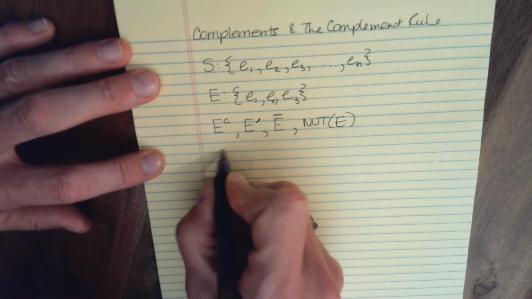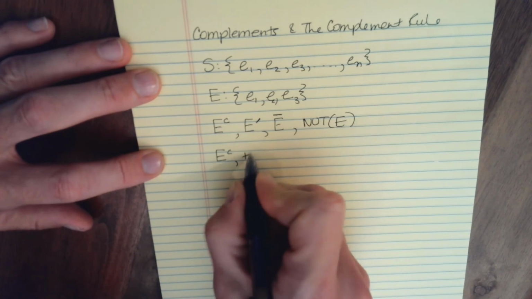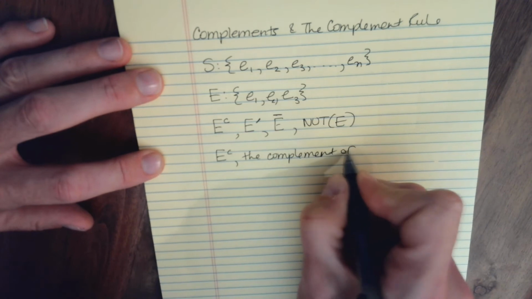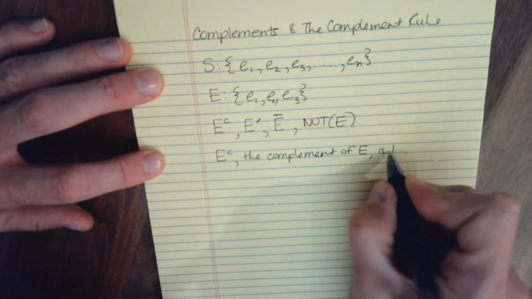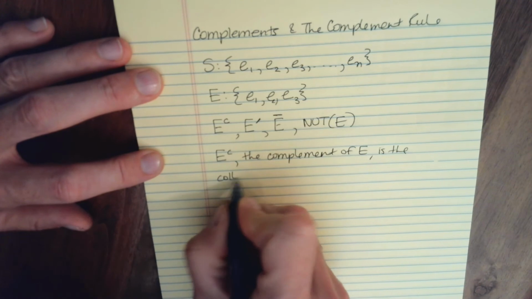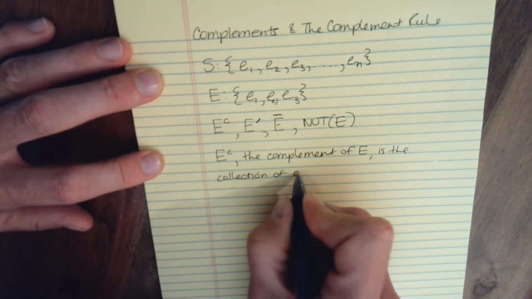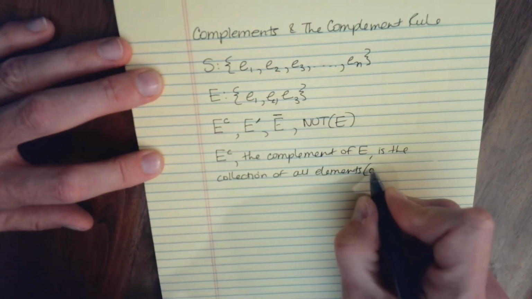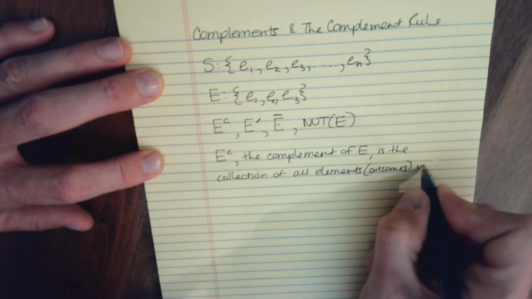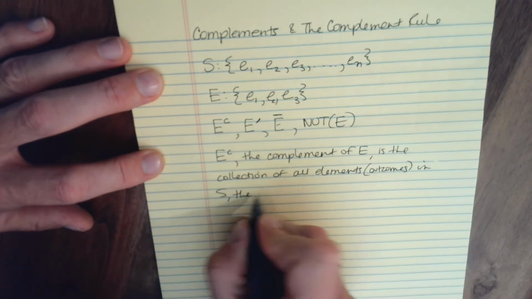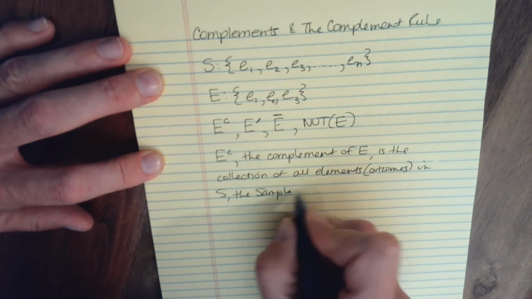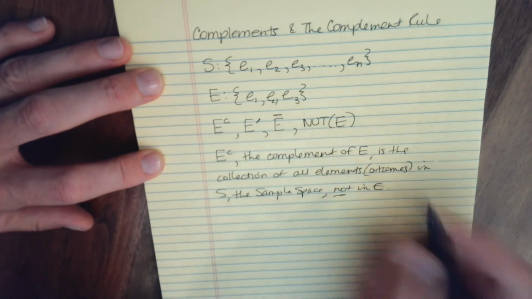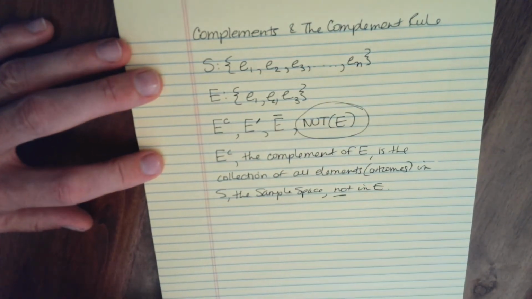E^C, the complement of E, is the collection of all elements, in other words outcomes, in S, the sample space, not in E. And it's this "not" here that certainly explains why some people use this notation.